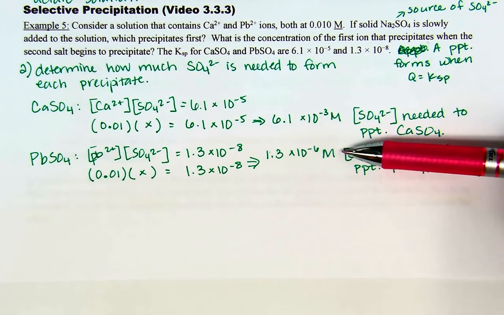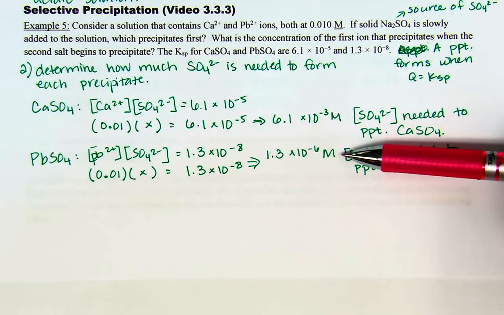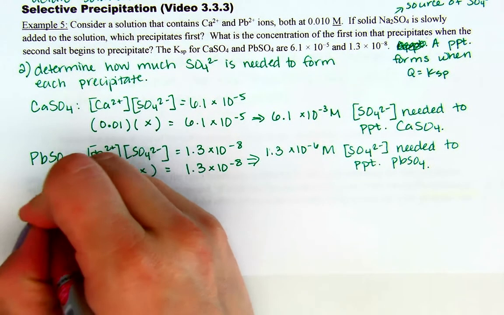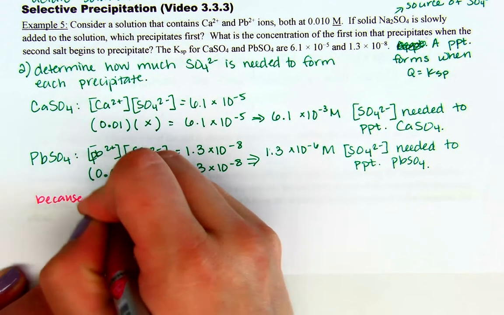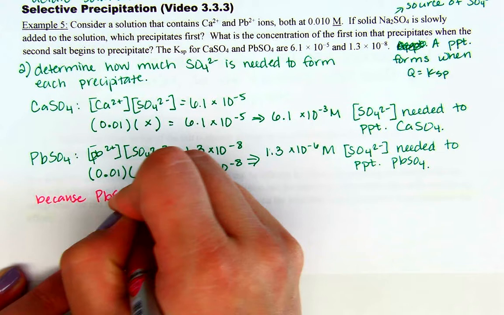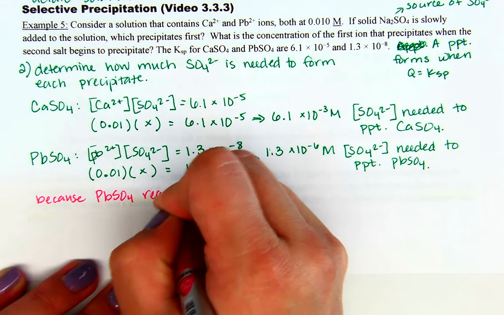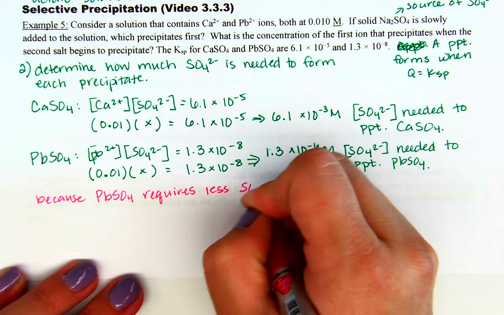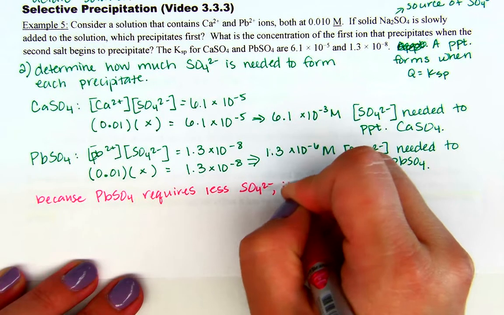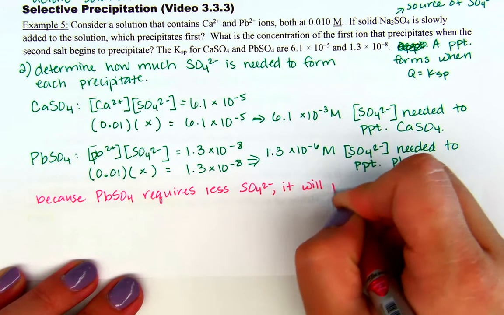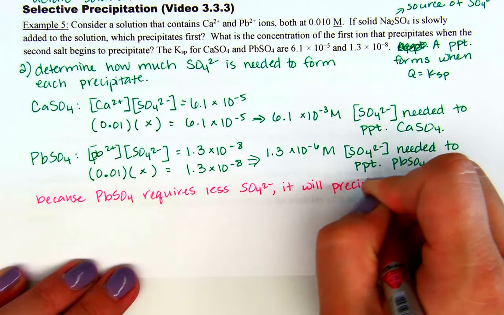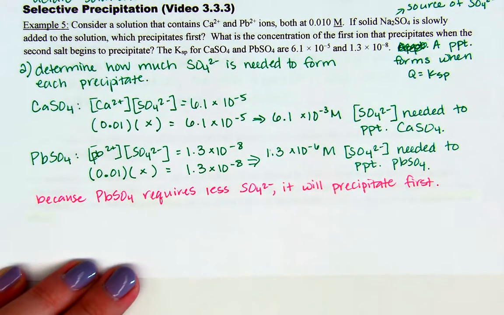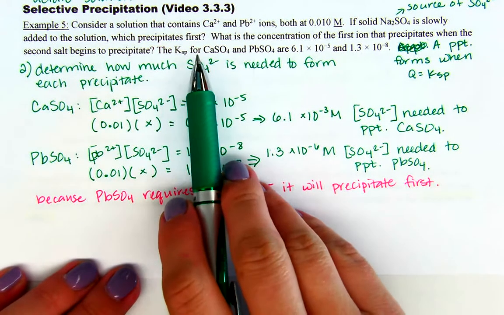So that means because lead sulfate requires less sulfate, it will precipitate first. Okay, so that was our very first part of our problem up here.